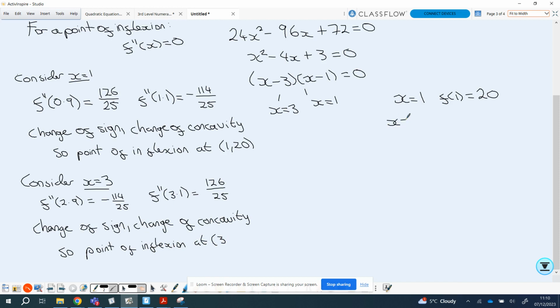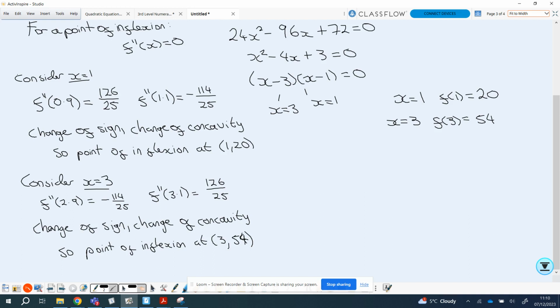Again, if we come over here and work out the y value, f of 3, you substitute 3 into the original function, you would have got 54. So that would be where the second coordinate of inflection would have been.